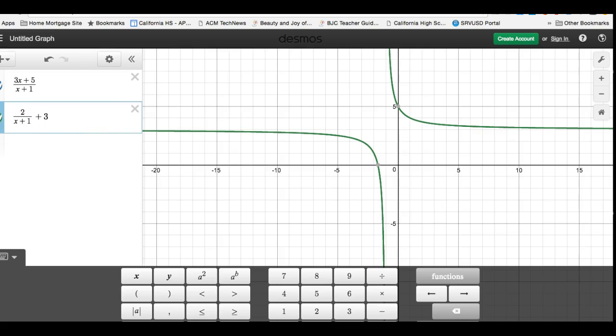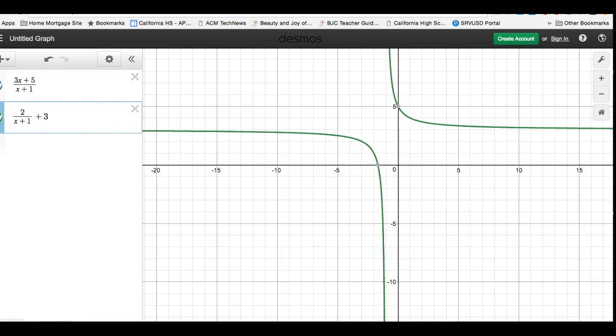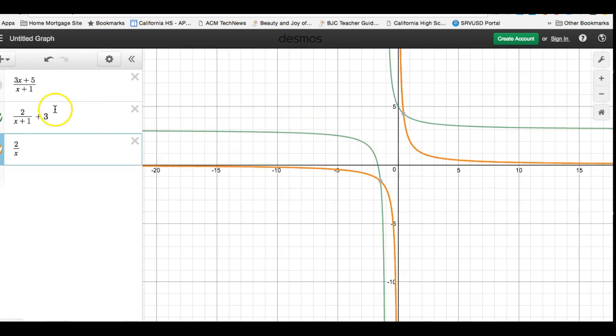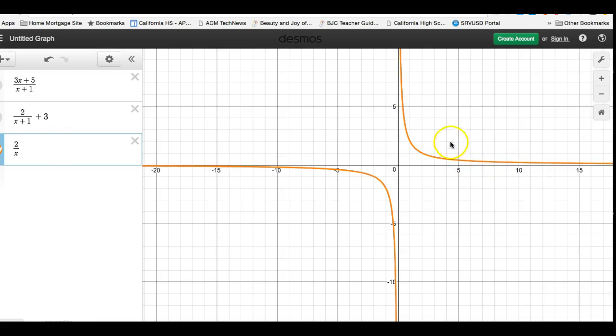Notice these are identical graphs, so this shows that our math was correct. Now, if we compare this to a over x, which is just 2 divided by x, here's what we get. Our original function is 2 over x, and our new function is 2 over x plus 1 plus 3. So let's look at what that looks like as far as transformations go.